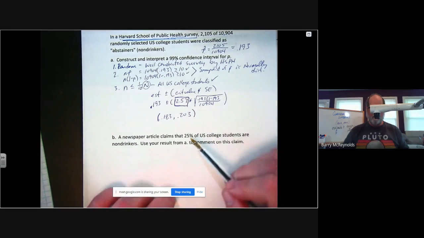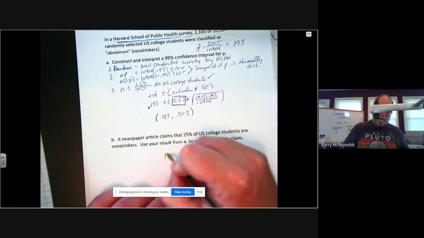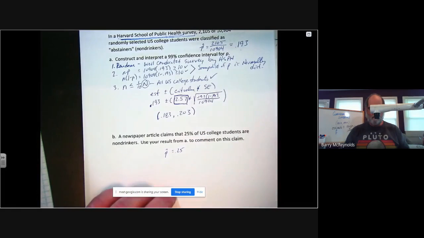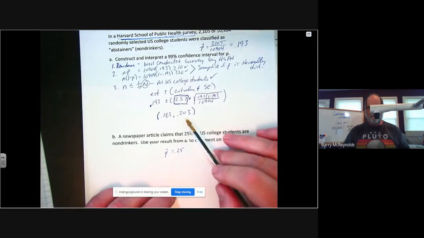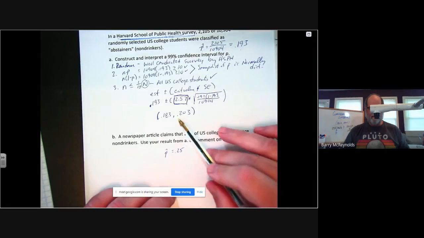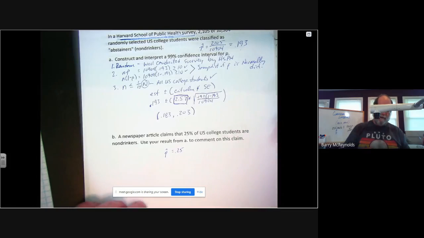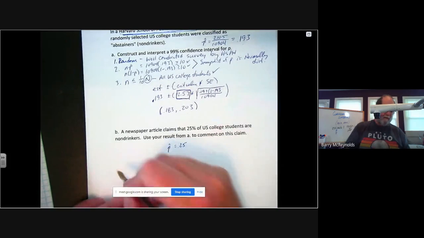Well, their p hat, wherever they got it, is 0.25. And based on our result here, 0.25 falls outside this interval. And so our comment would be something like this.